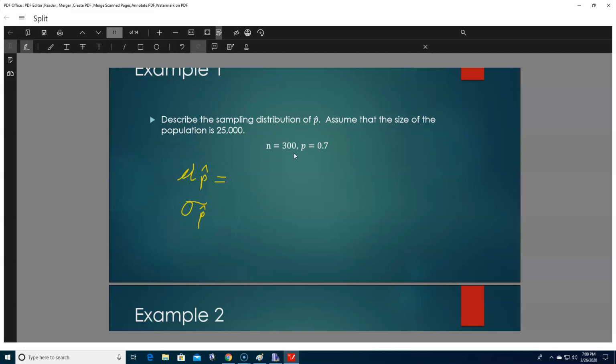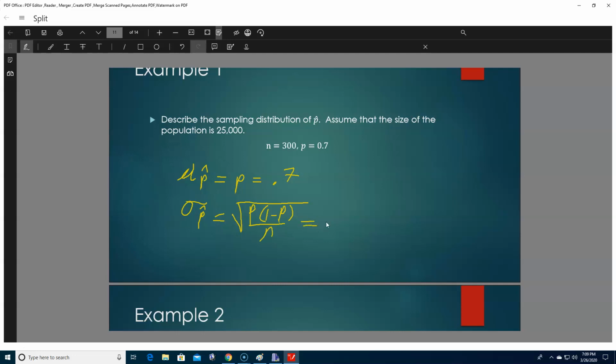Mu p hat will equal their mu, which is their special proportion, so this 0.7. So mu p hat equals p, which is 0.7. Sigma p hat is going to be that formula that we talked about in the notes. So we need to do the square root of p times 1 minus p, all over n.